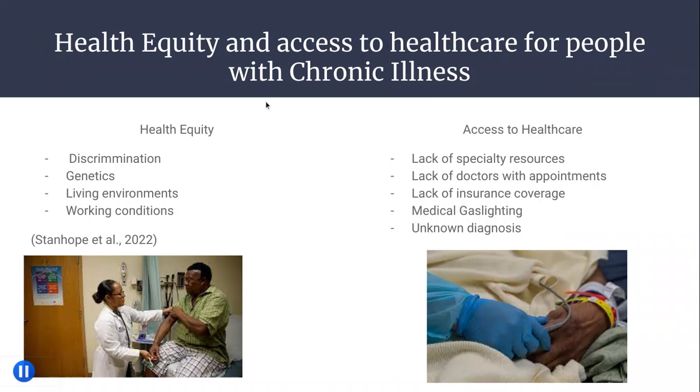So health equity and the access to healthcare for people with chronic illness. So health equity when it comes to discrimination in the healthcare place, such as illnesses that are more prevalent in certain communities and so forth. Genetics plays a big role in that. Sometimes we cannot control it, such as type 1 diabetics, or if Alzheimer's runs in the family, or if you have the breast cancer gene.